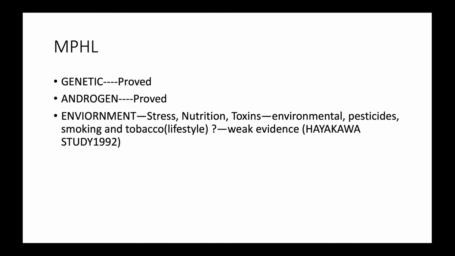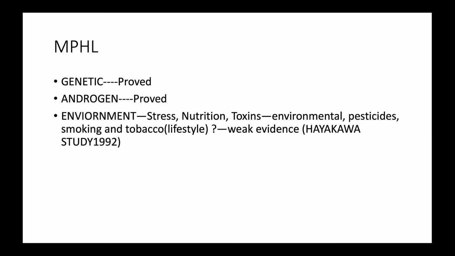So in pattern hair loss, genetic factors are proved, androgens are proved. Environmental factors like lifestyle, stress, nutrition, toxins, pesticides, smoking, tobacco have weak evidence, but do they affect it in my clinical experience? I have seen that environment also has a great role.